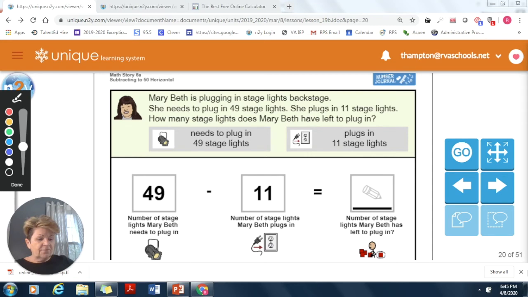So if we have 49 and minus 11, okay? We have 49, and it went backwards on us. That's okay. We can write it backwards.